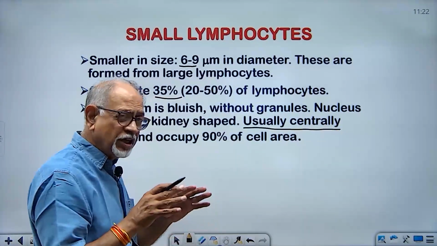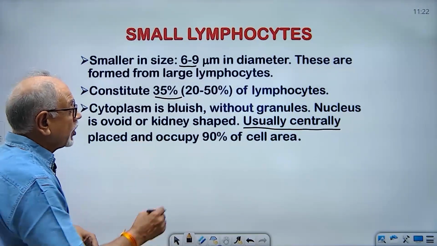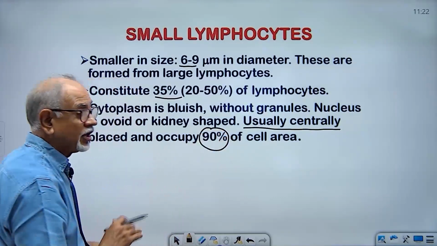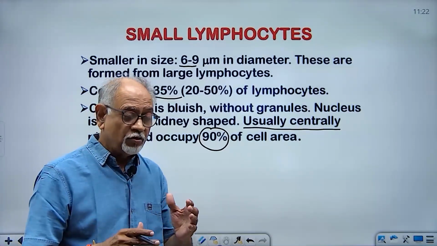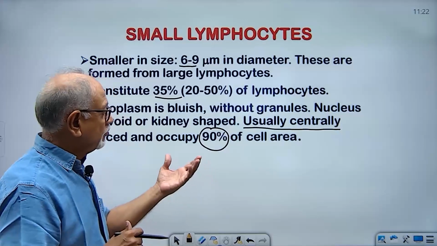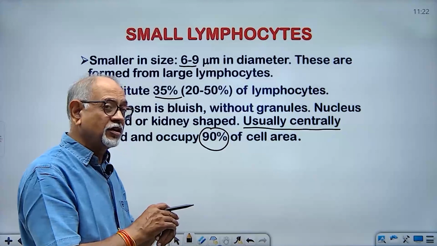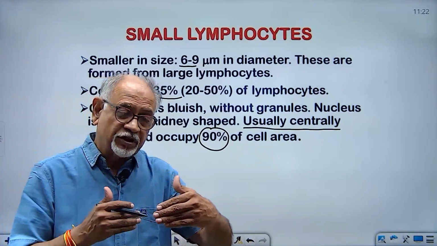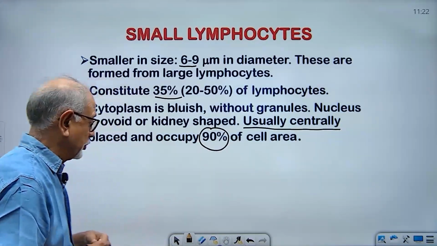That means nucleus is placed in the center of the cell and it occupies 90% area of the cell. We just mentioned that the nucleocytoplasmic ratio is more, but here you can see as the cells becomes smaller, the size of the nucleus in respect to the cytoplasm becomes more, and that is 90%.